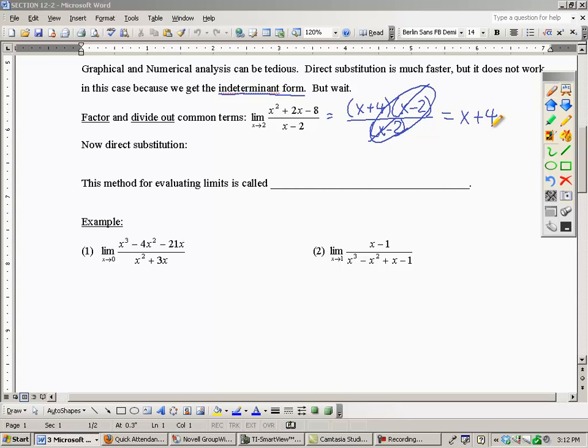If I use my factored out version, I can take the limit as x approaches 2 of the quantity x plus 4. So 2 plus 4, because I plug this in for x, equals 6. And we said that was the limit as I looked numerically and graphically above. Now, this method of factoring out and then being able to direct substitute is what we call dividing out.